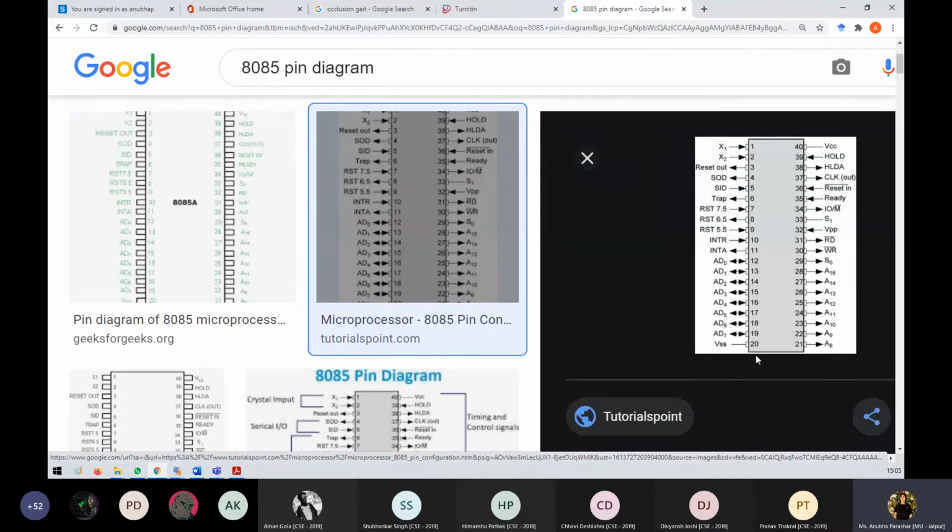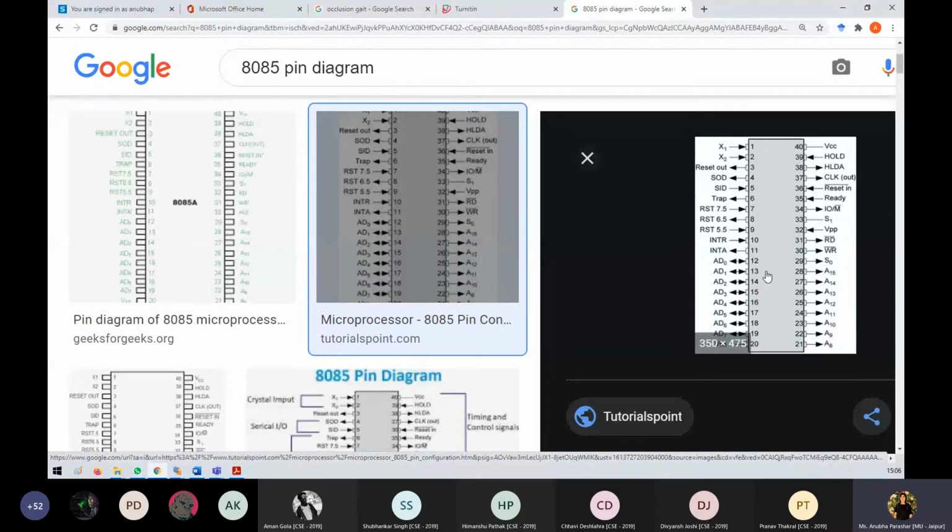Because 8085 can only store 8-bit data. It is working on 8, so the data bus should be of 8. That is why we have D0 to D7, and from A0 to A7 it is getting shared. From A8 there is no sharing. That is how you can look at it.